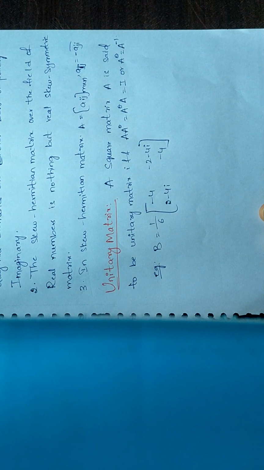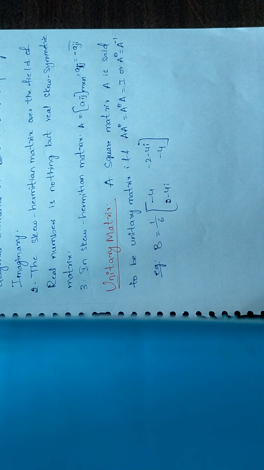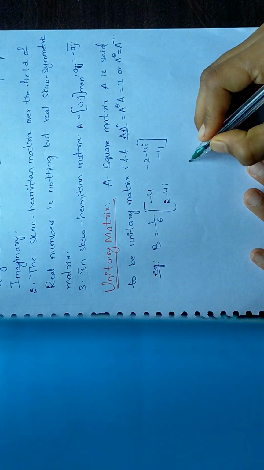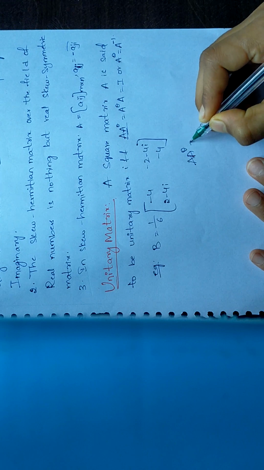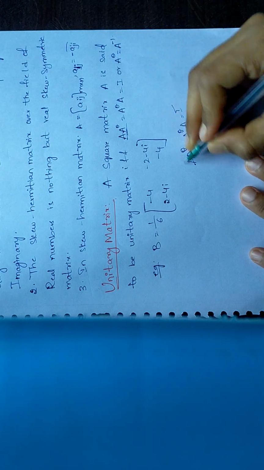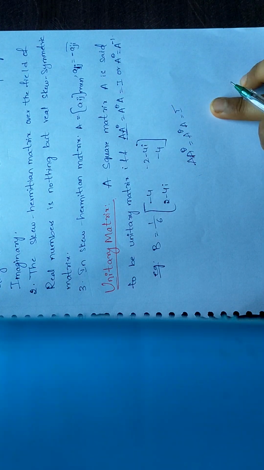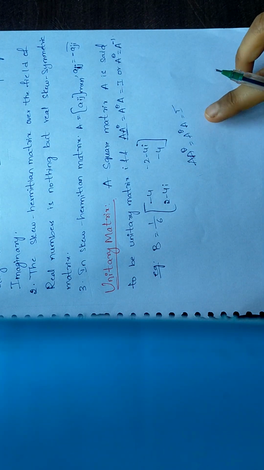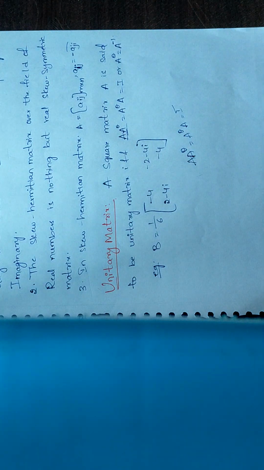And if we see the unitary matrix, we say a particular matrix is unitary when the condition A into A power theta equal to A power theta into A equal to I holds. If this is the condition, then we say it is a unitary matrix. A similar condition we have seen for real matrices also.